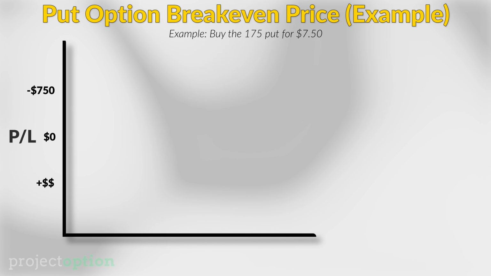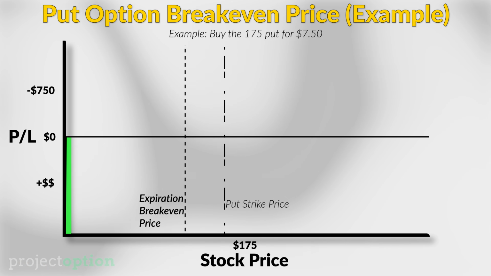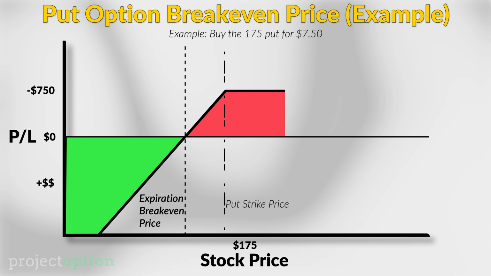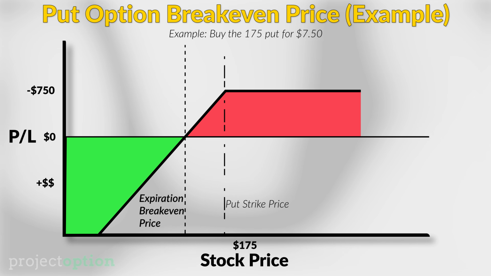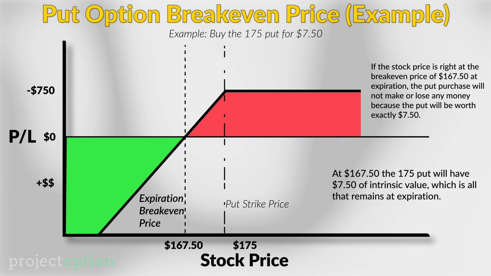The formula for a put option trade's break-even price is the put's strike price minus the entry price of your trade. So for example, if I buy a put option with a strike price of $175 and I pay $7.50 for that put option, then my break-even price in this example would be $167.50.